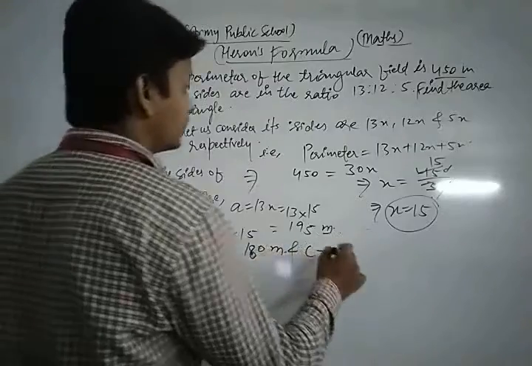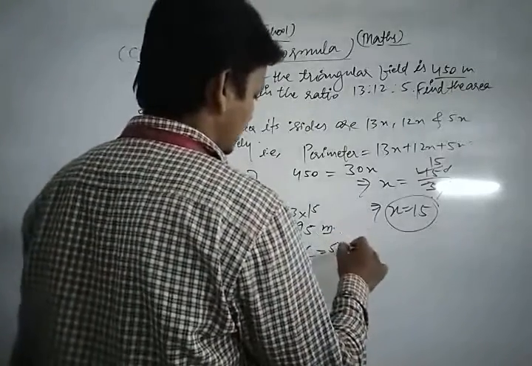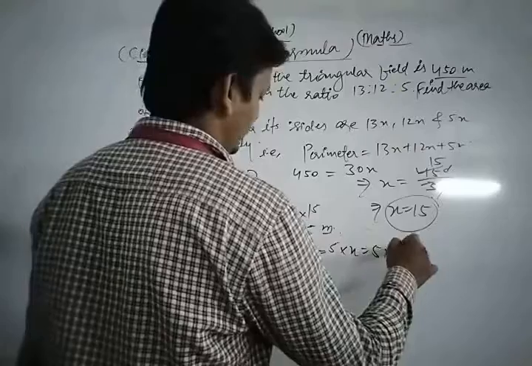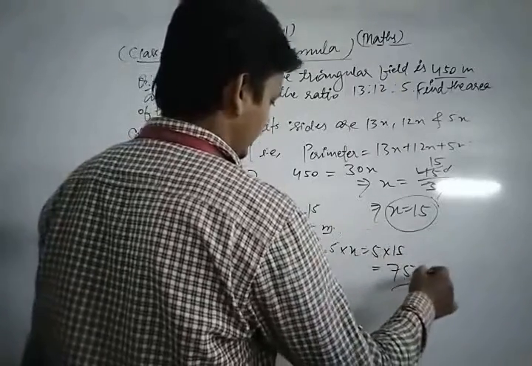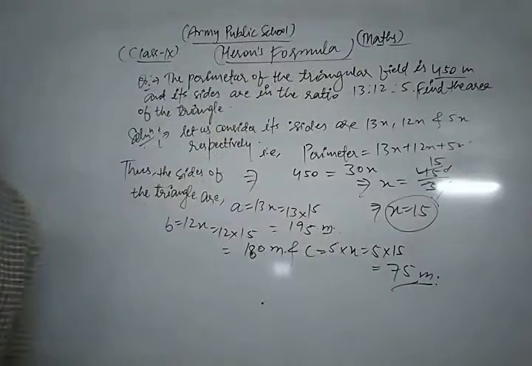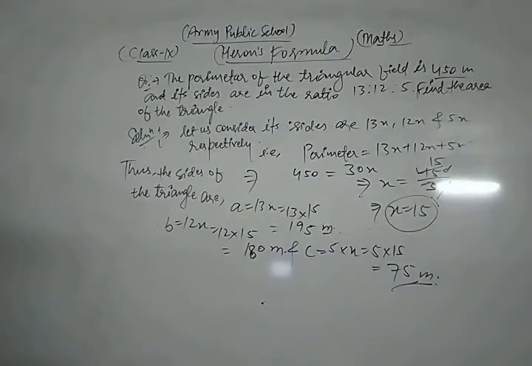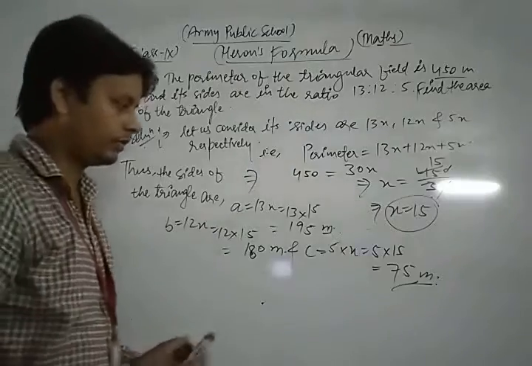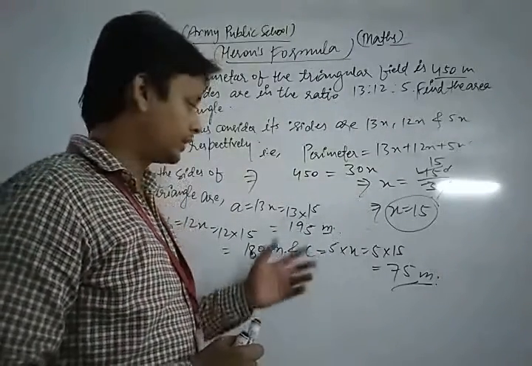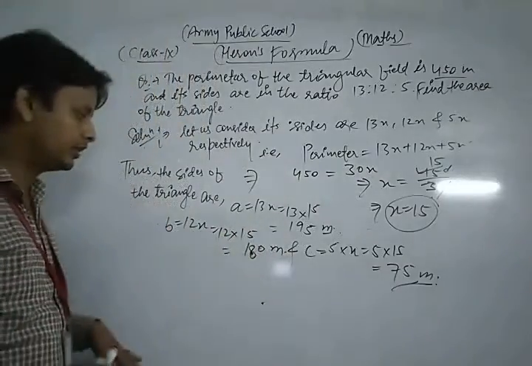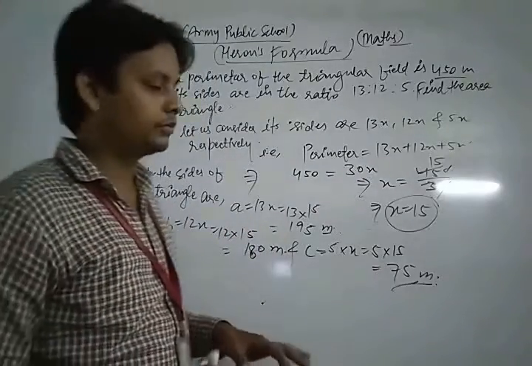And the third side of the triangle is 5x, so 5 into 15 is 75 meters. So in this way, dear students, we find all three sides of the triangle: a is 195 meters, b is 180 meters, and c is 75 meters.